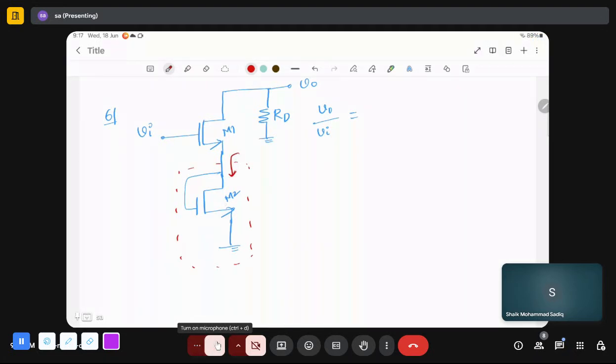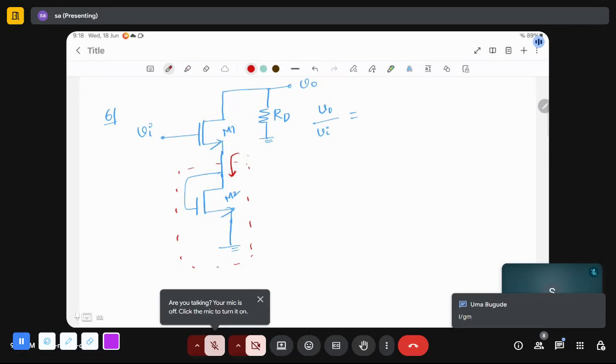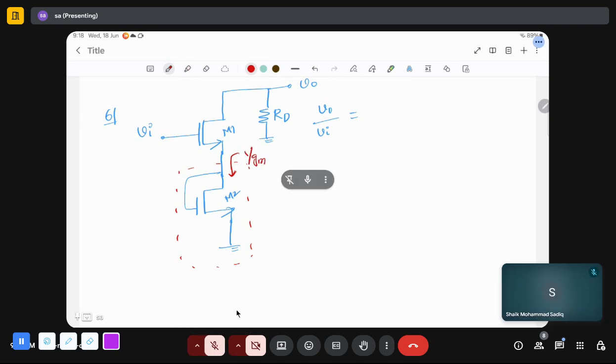The equivalent resistance is 1 by gm. Sorry, 1 by gm. Yeah, understood.